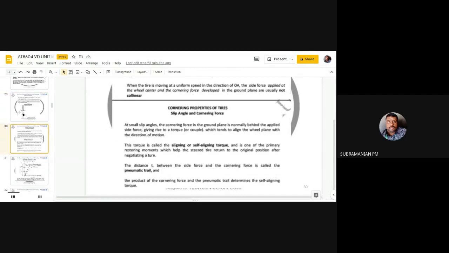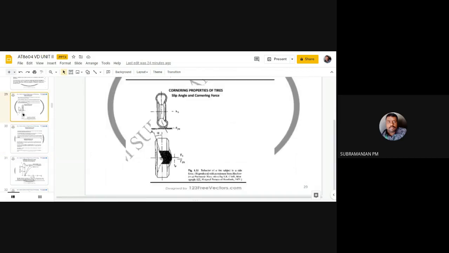So what will happen? The force magnitude will be the same, but separated by a distance, it will give a couple or torque. Due to this, I will be getting a couple or torque that can be termed an aligning moment. So due to the cornering property of the tire, when you are making a turn, due to this cornering force developed, the tire will come to its original path.